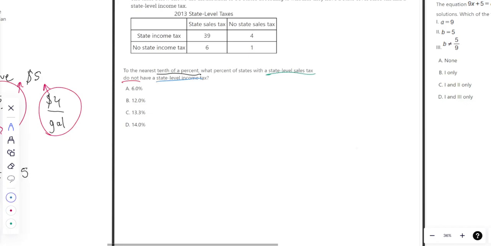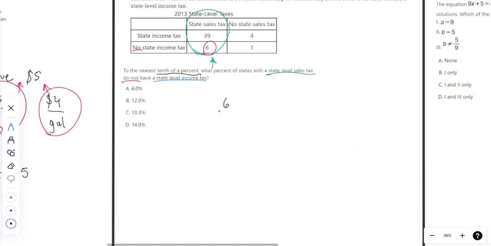I'm going to color code this, you'll see why. The prior information that's given is that these states have a state-level sales tax, which automatically narrows down our selection to only considering this column. And of that, we want to know how many do not have a state-level income tax. That would be this no row.